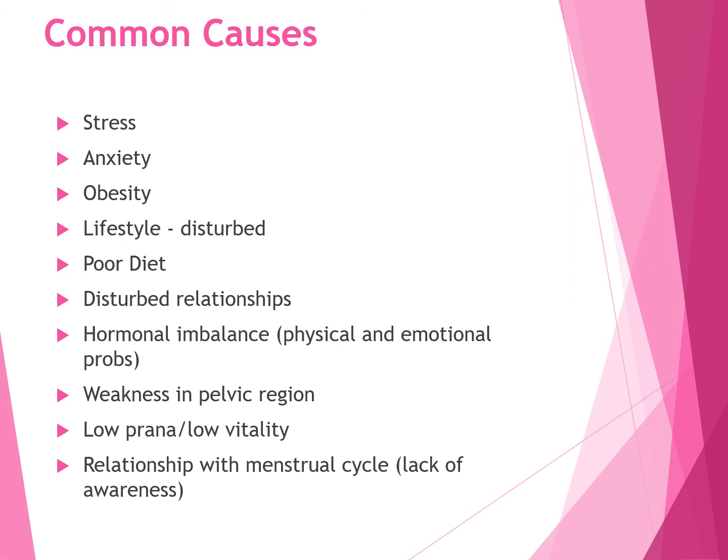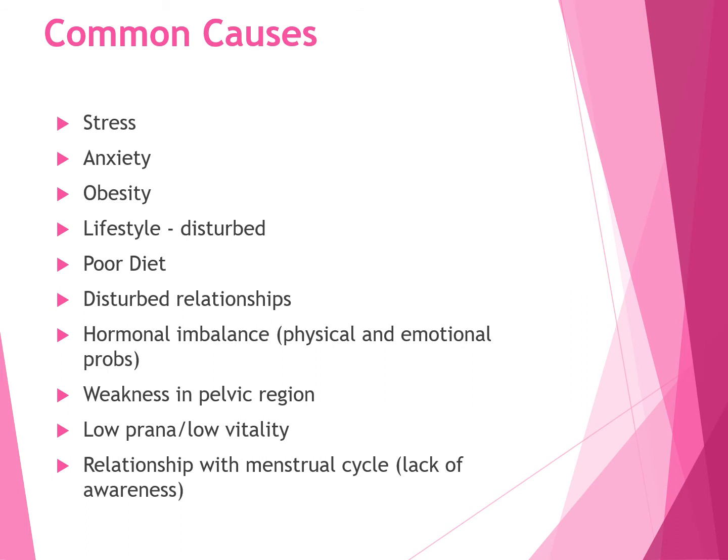Poor diet means no vitamins, no minerals, less iron content food. This causes amenorrhea, scanty menses, heavy bleeding, premenstrual syndrome.